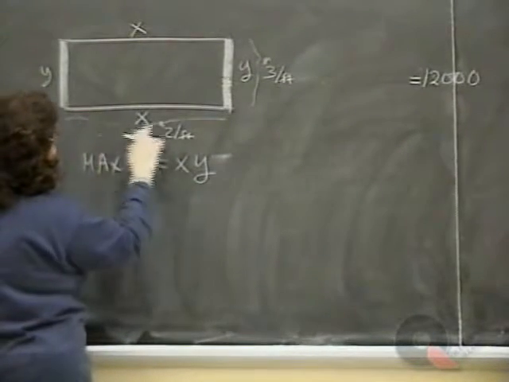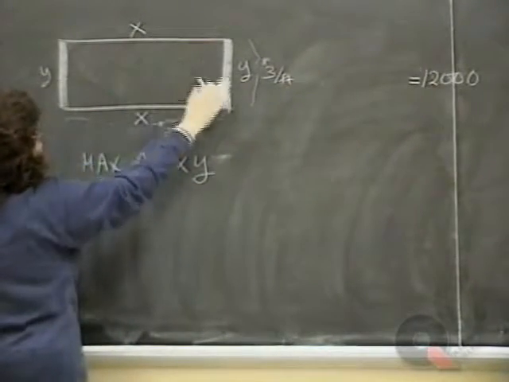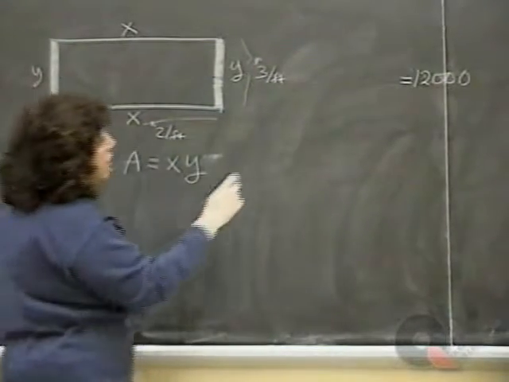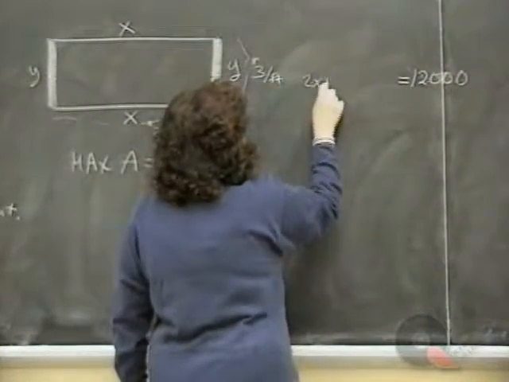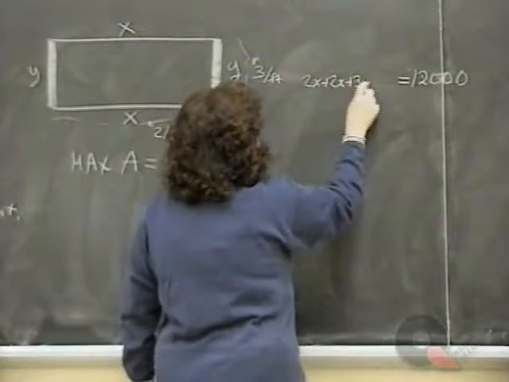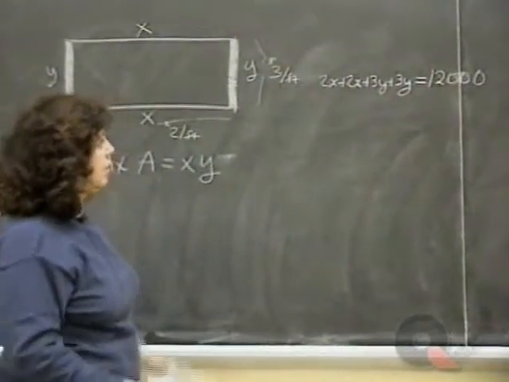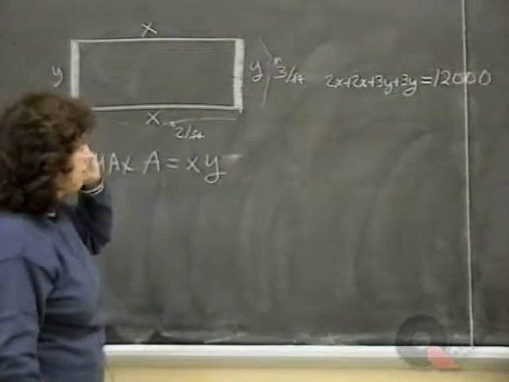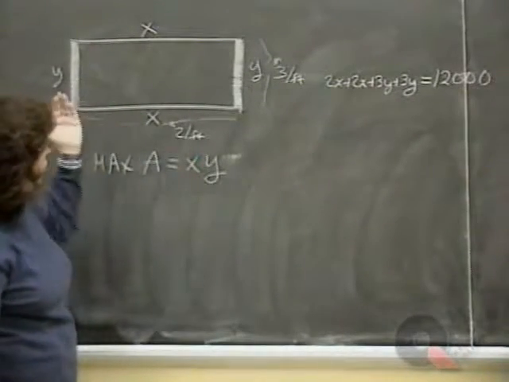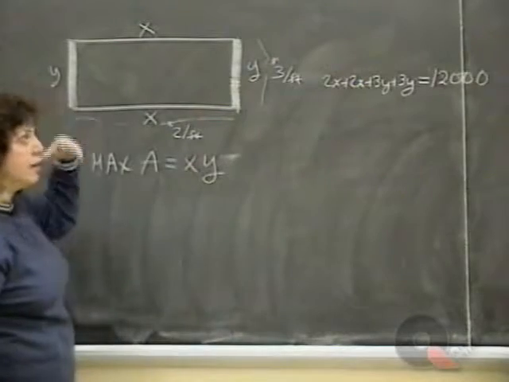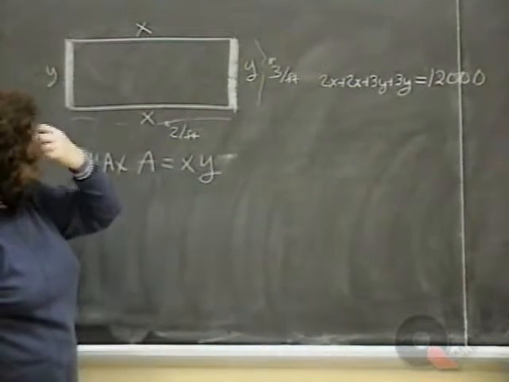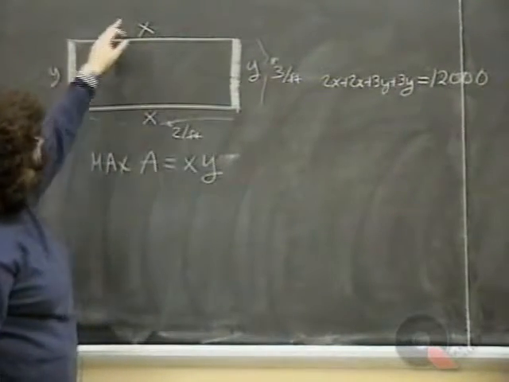So you'll have 2X plus 2X plus 3Y plus 3Y. That'll be the total cost of the fencing, $12,000. Once again, it's not the usual 2X plus 2Y. It's not the perimeter, because the fence costs more on these sides than it costs on these sides.